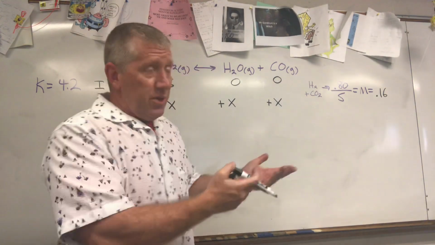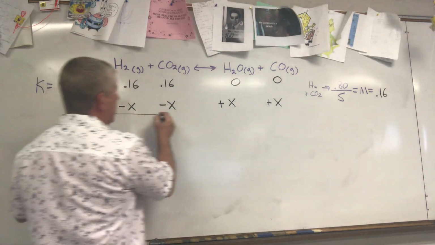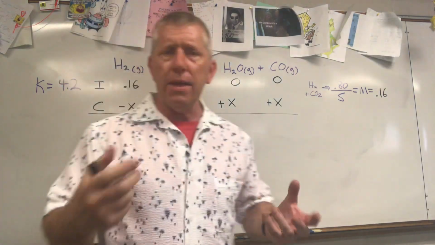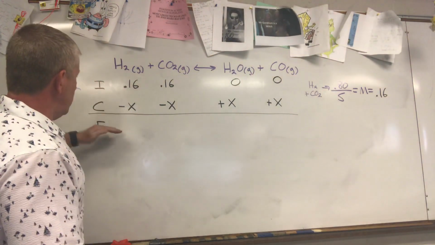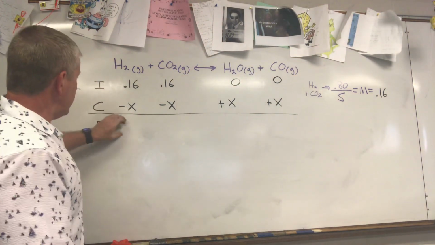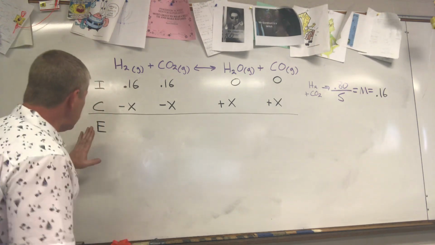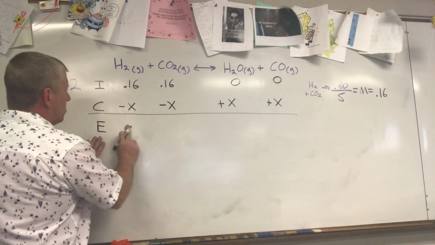So if you go watch another tutorial, they might not do this. I put a line here, because when I do that, it reminds me, and I tell my students, that you're going to add these two lines together to get this line. This line is the combination of these two lines, and that's all it is. So at equilibrium, how much hydrogen should we have?